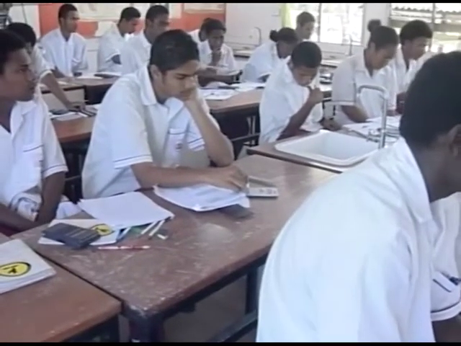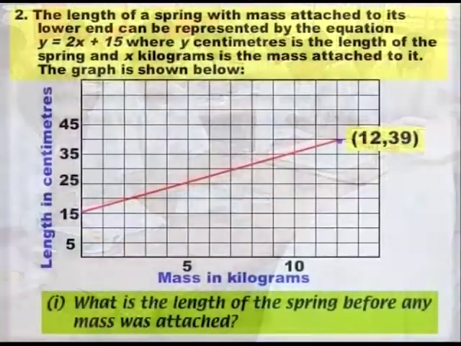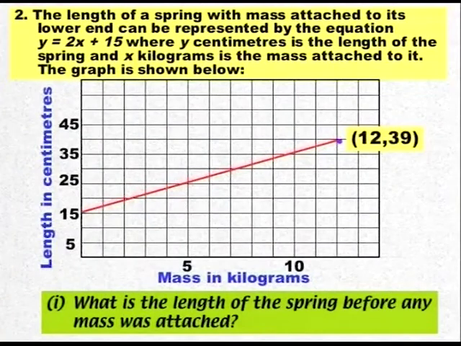Okay, next question. Question 2. The length of a spring with mass attached to its lower end can be represented by the equation y equals 2x plus 15, where y represents the length in centimeters and x represents the mass in kilograms.